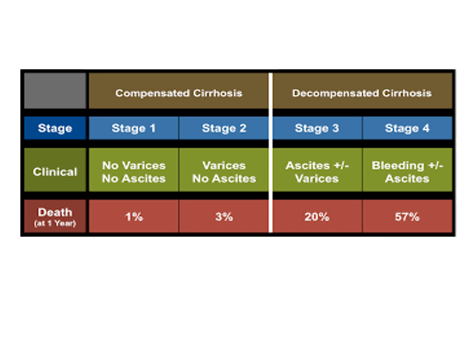In the third stage, there will be ascites and varices. In stage 4, bleeding and ascites. The death percent increases in the third stage to 20% and in the fourth stage to 57%. So in stage 4, death will occur in more than half of patients.